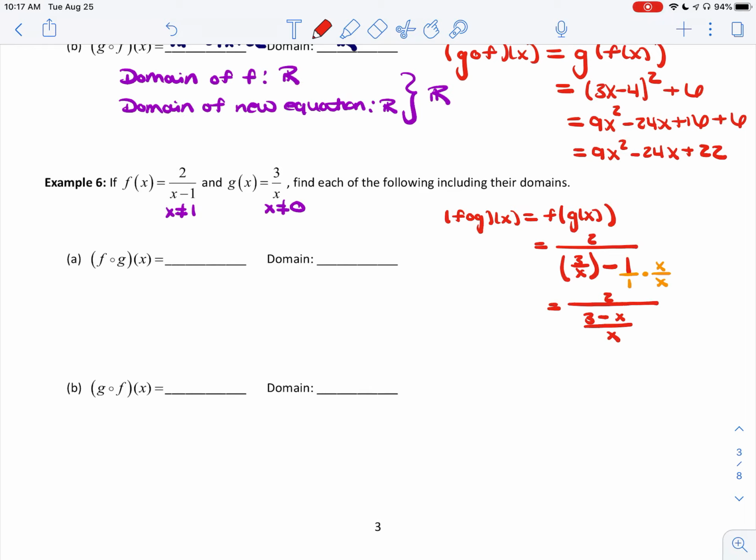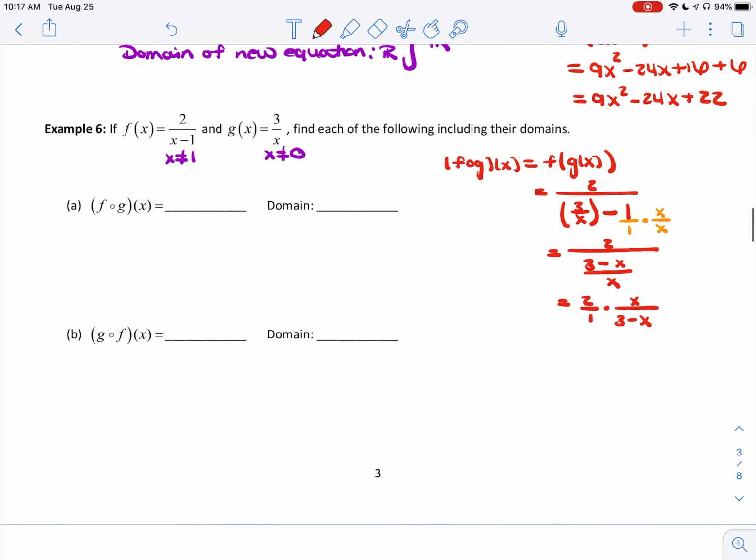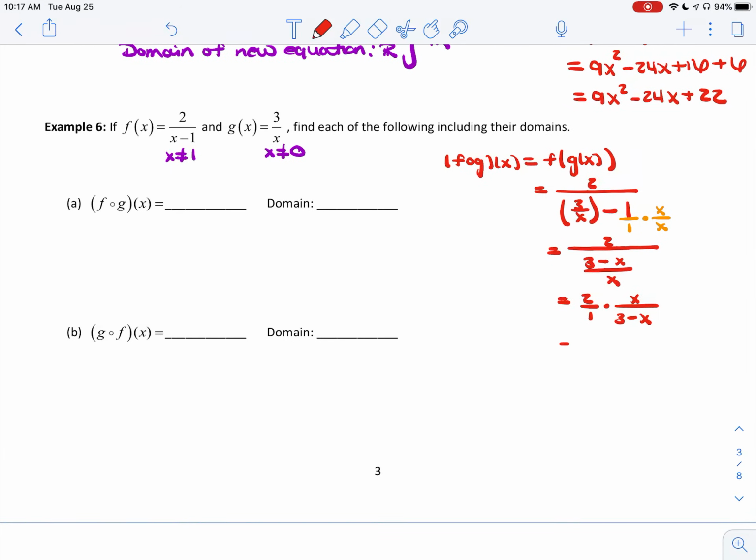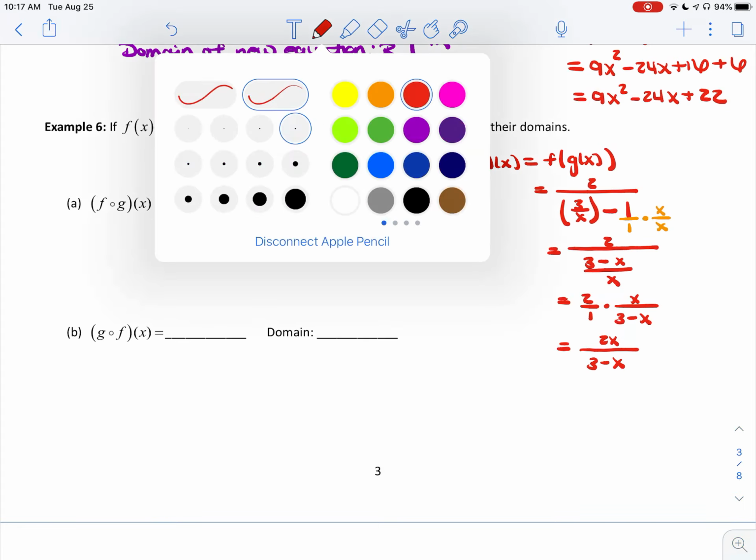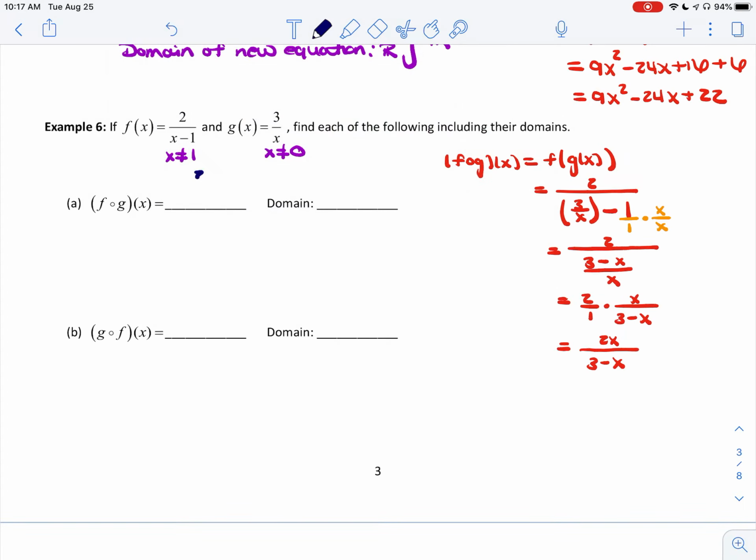Then remember, dividing by a fraction is the same as multiplying by the reciprocal. So we'd have 2 over 1 times x over 3 minus x. Or if we simplify, that becomes 2x over the quantity 3 minus x. All right, so that's going to be our new function, 2x over the quantity 3 minus x.